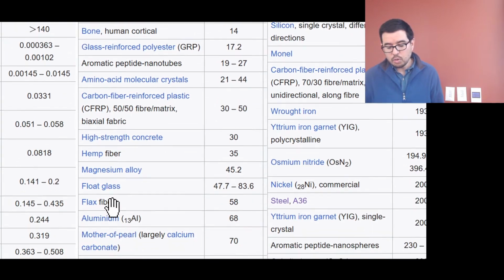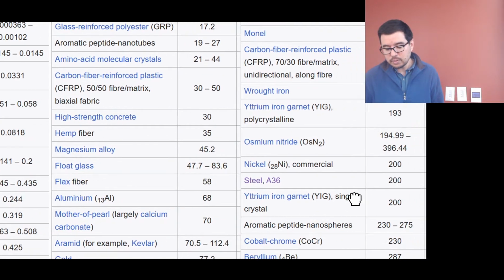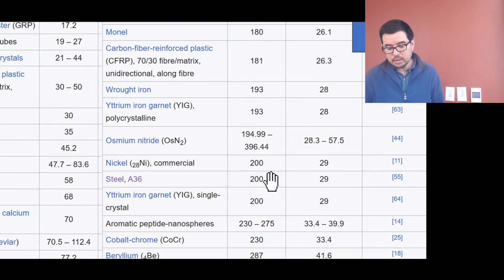Okay, so here is steel. This is 200 gigapascals. Okay, 210, 200. That's what I would use for steel. One of the interesting things about steel is even when you alloy it, so you have iron and carbon and some other stuff in it, they pretty much all have the same elastic modulus.